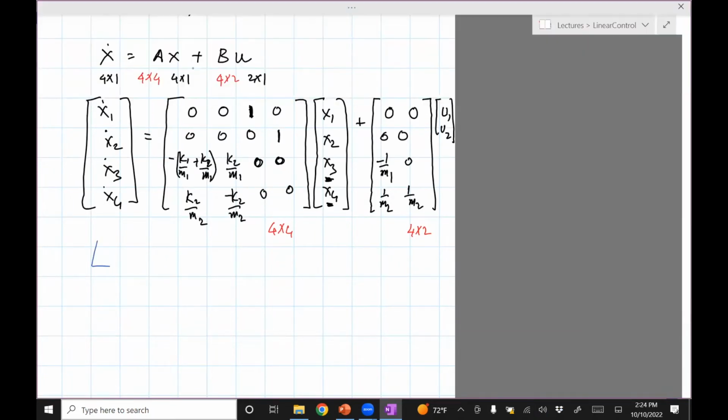So this equation is the state space equation. Okay, it tells you how the system evolves, that is how x evolves for a given u.